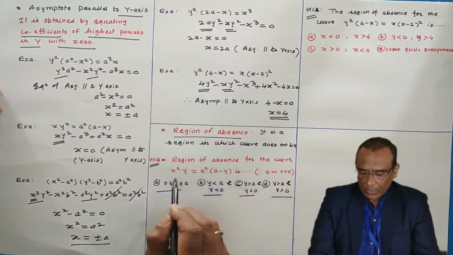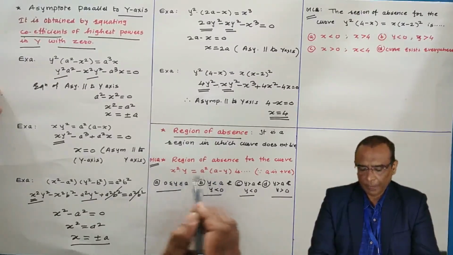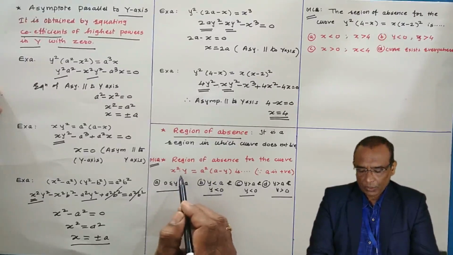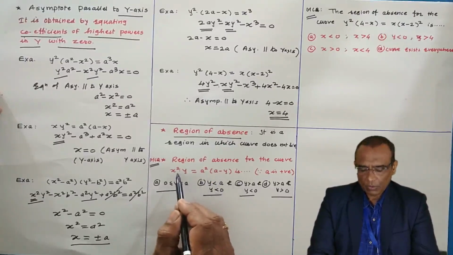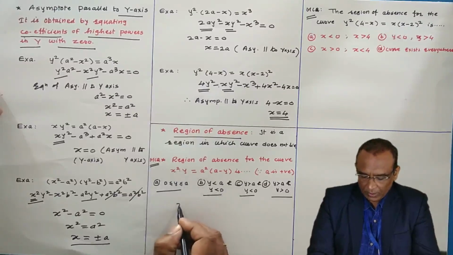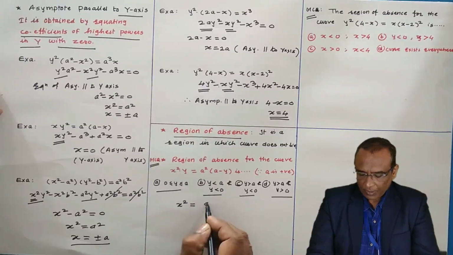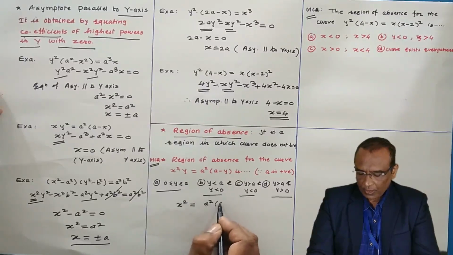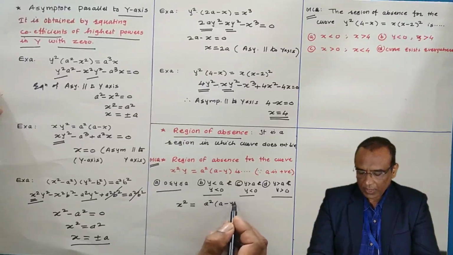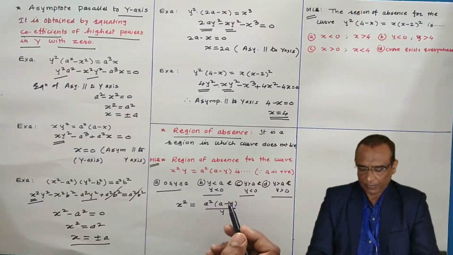Now, if you look at this equation very carefully, here there is a single term in x square. So here what I am going to do is write x square in terms of y, or you can write y square in terms of x also.